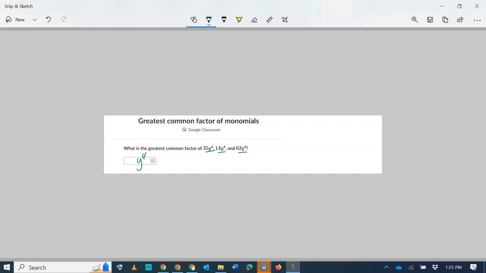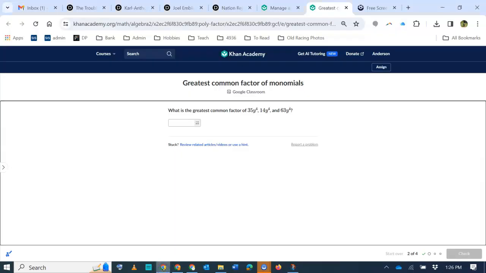You make a factor tree of all of them: 7 times 5 equals 35, 7 times 2 equals 14, and 7 times 9 equals 63. So our greatest common factor will be 7y to the 4th.